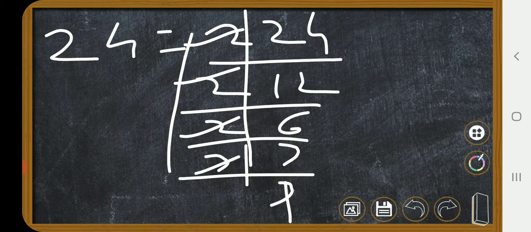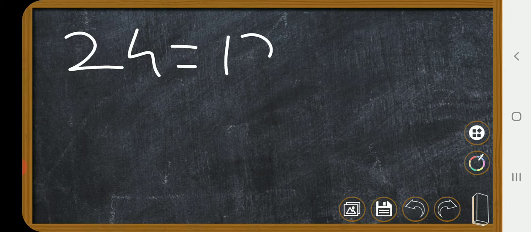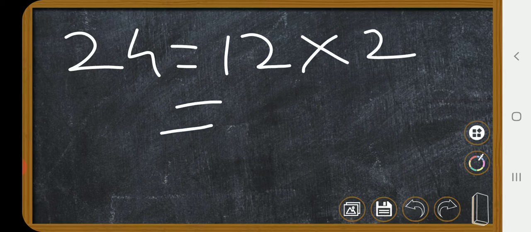This is the vertical arrangement. In horizontal arrangement, see 24: 12 twos are 24. Now 12, in which table is it, how can you form 12?